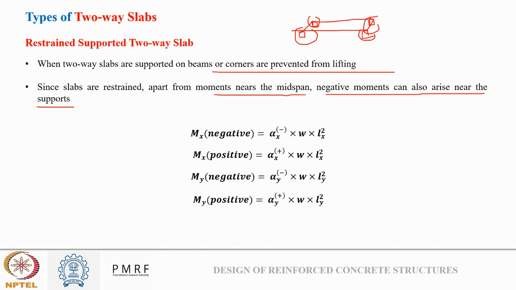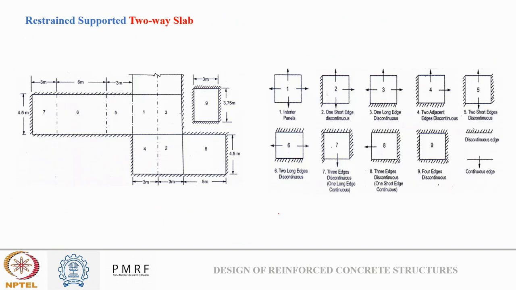So based on these, there can be four factors. In x direction, there can be a positive moment factor and a negative moment factor, and in y direction, a positive moment factor and a negative moment factor. These are given as alpha x and alpha y. Now, based on how many sides are restrained and what is the continuity of other sides, there can be nine cases of restrained supported two-way slab that are mentioned in this figure.